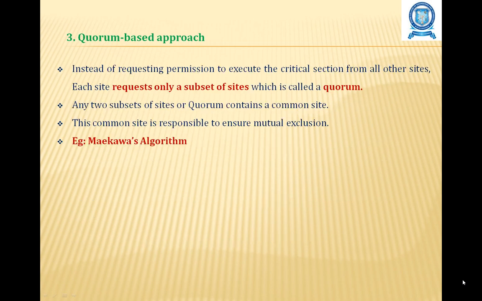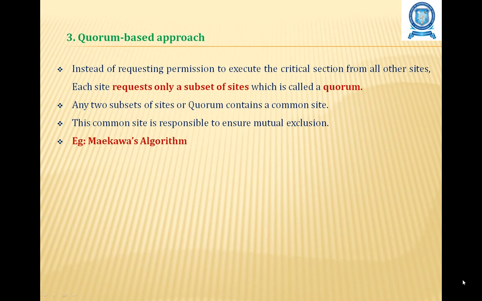The third approach is the quorum-based approach. In this approach, each site requests permission to execute the critical section from a subset of sites. The subset of sites is called a quorum.